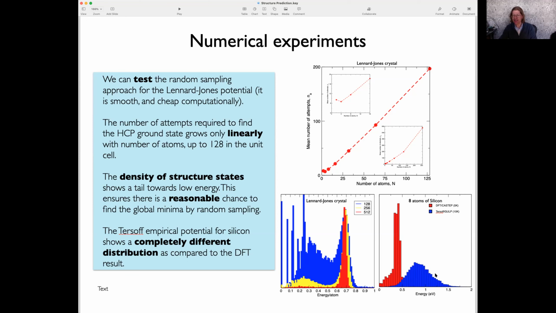So this means the overall energy landscape of the Tersoff potential is just not what nature would encounter. If you try random search with the Tersoff potential, it won't work, which explains why people didn't use random search when they were restricted to empirical potentials and were convinced that it doesn't work. Whereas if you do a full DFT calculation, you have significant weight down there at the low energy.